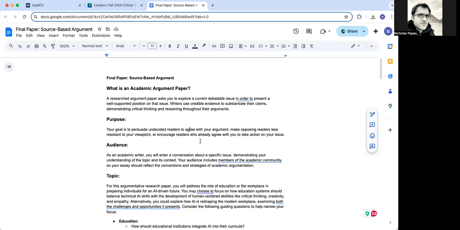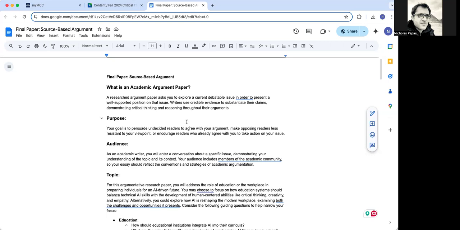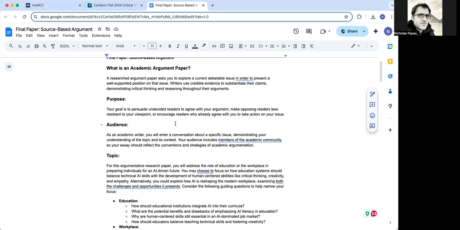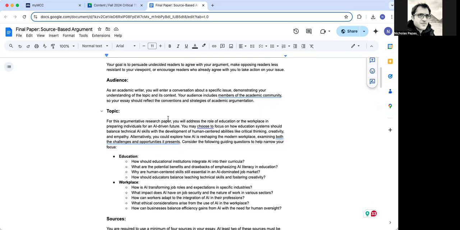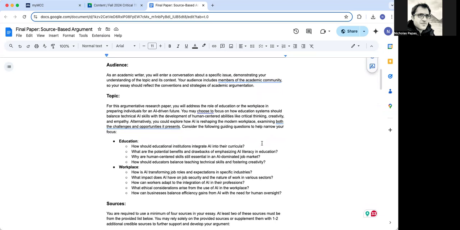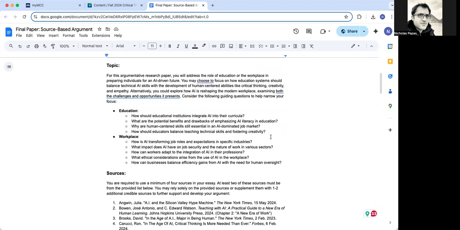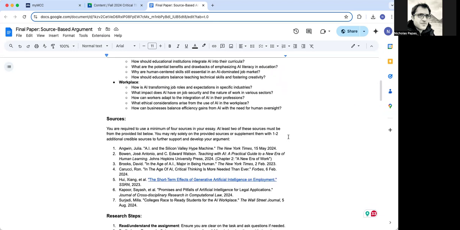So now to just review the directions we have written here, you can see the basic idea. A lot of this will be familiar to you already because you would have had to look at it closely to complete your annotated bibliography. So you should be familiar with, obviously, the focus, the topic for the essay.